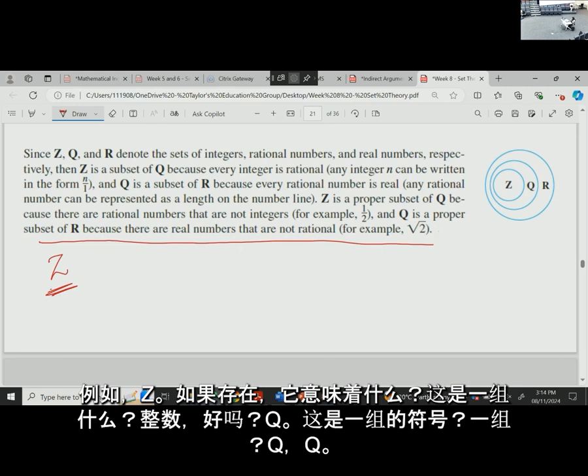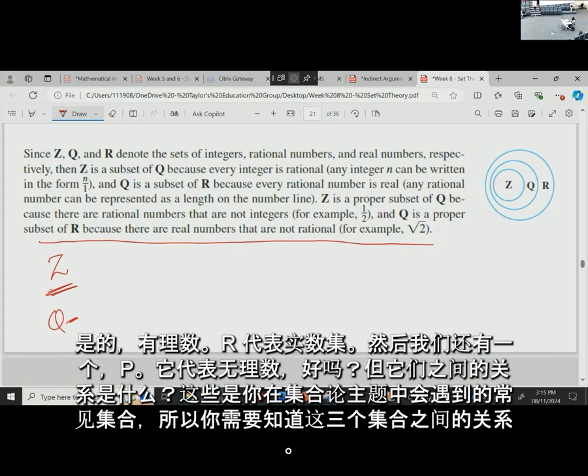So Q is the notation for the set of rational numbers. And R is for the set of real numbers. And then we have one more, P, that is for irrational numbers.